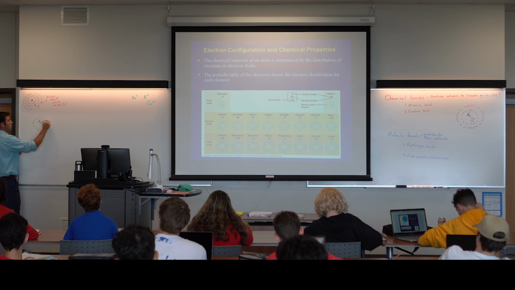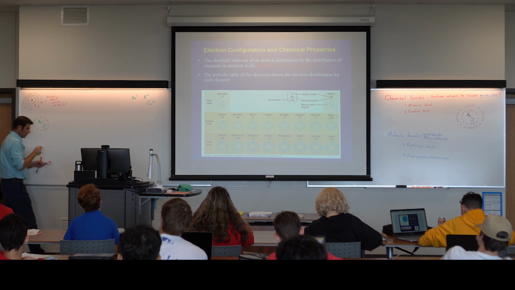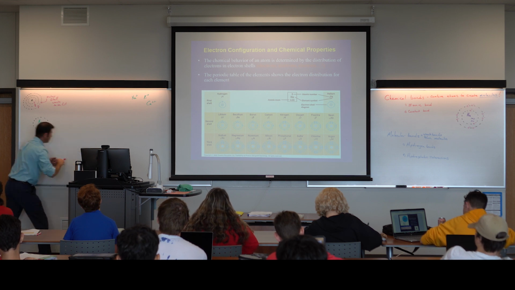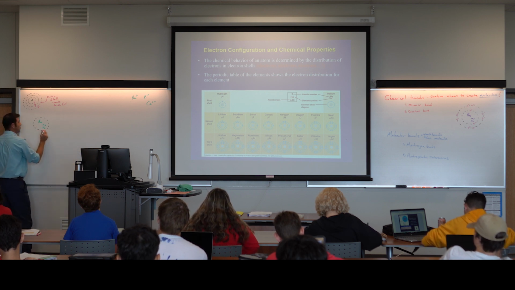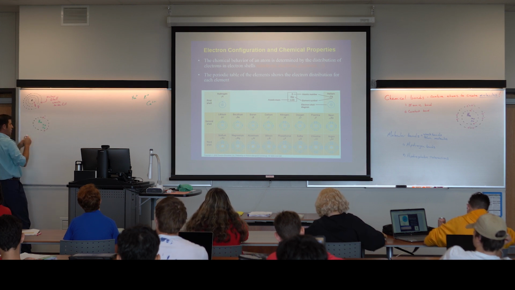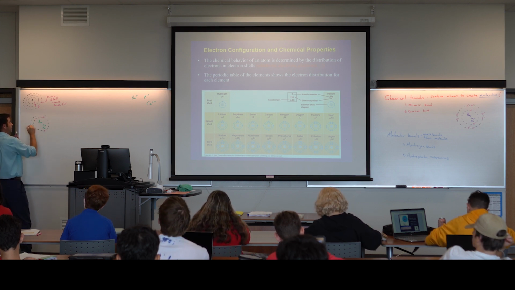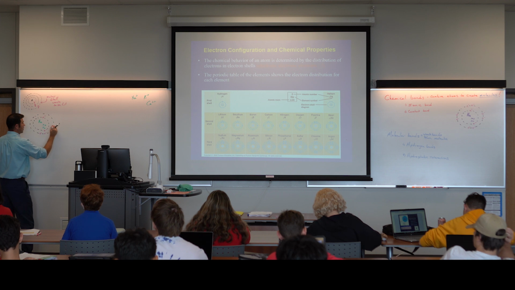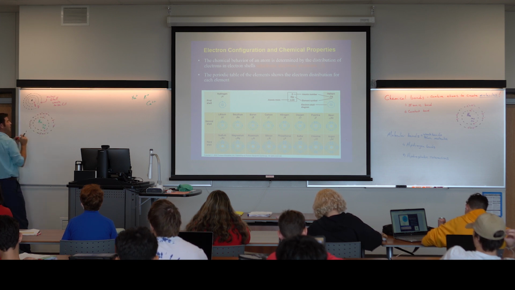We know the first shell is big enough to hold 2. First shell, we can fit 2 of these electrons in there. 1, 2. Now we get to the second shell. It can hold 8. We've got 9 to pass out, so we quickly fill up that second shell.